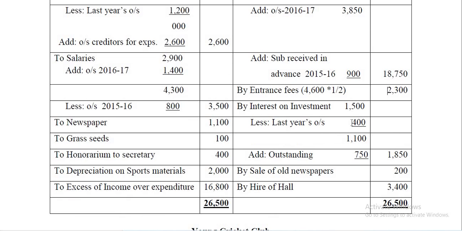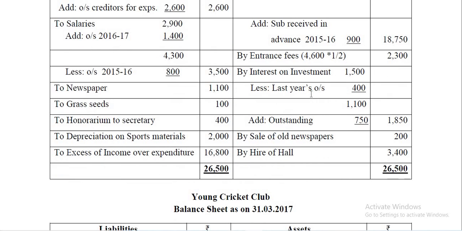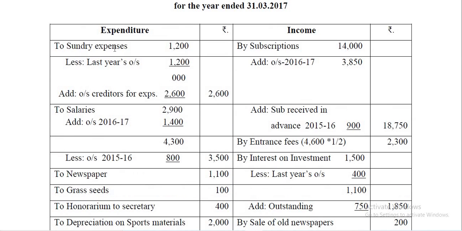Of that, 400 is relating to last year. It's not the current year income, so deduct. And still outstanding interest on investment 750, so it's added. Sale of old newspapers, hire of hall, both are revenue items. Sundry expenses 1,200 paid this year, but that is relative to last year, very clearly given 1,200, so nil balance.